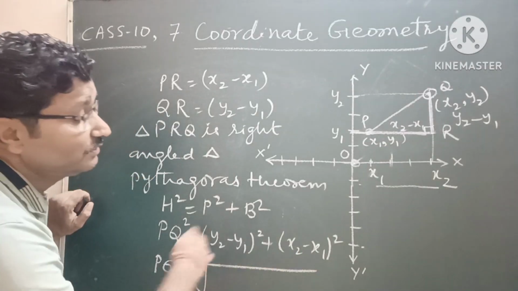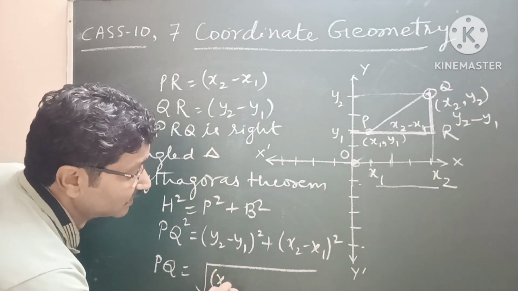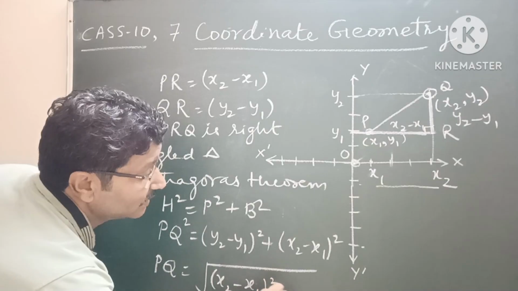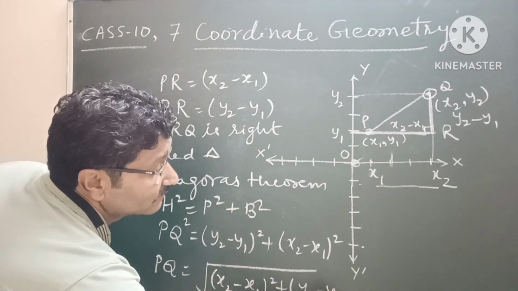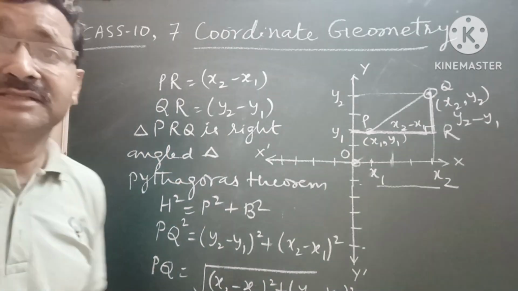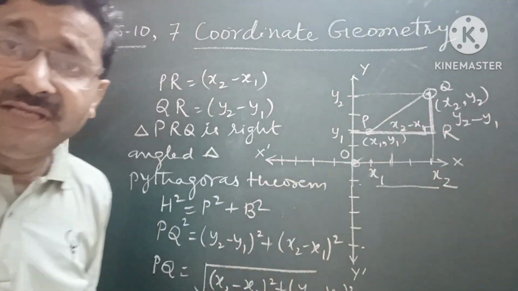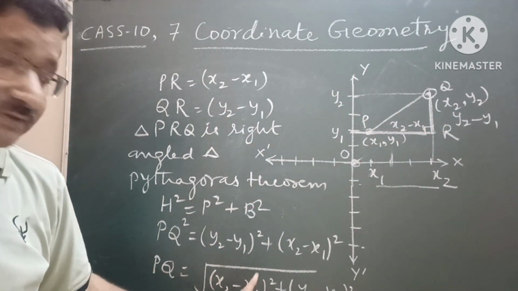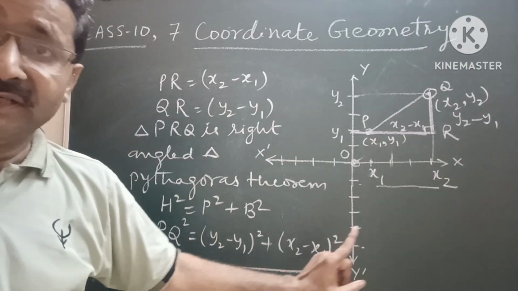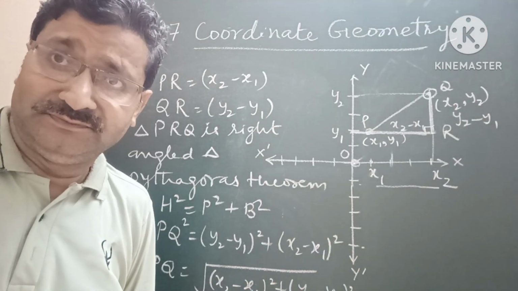Now you can write in a proper order: x2 minus x1 whole square plus y2 minus y1 whole square. This is the distance formula. The distance between P and Q is the root of x2 minus x1 whole square plus y2 minus y1 whole square.